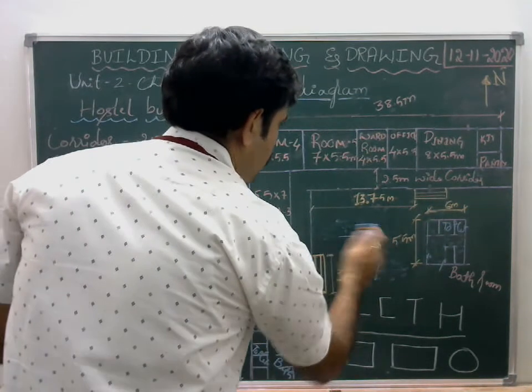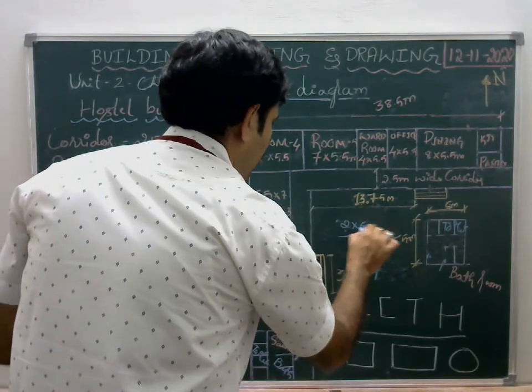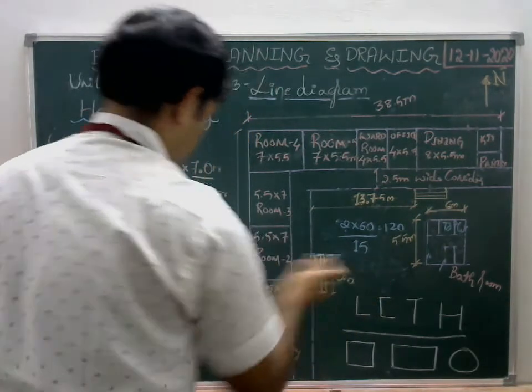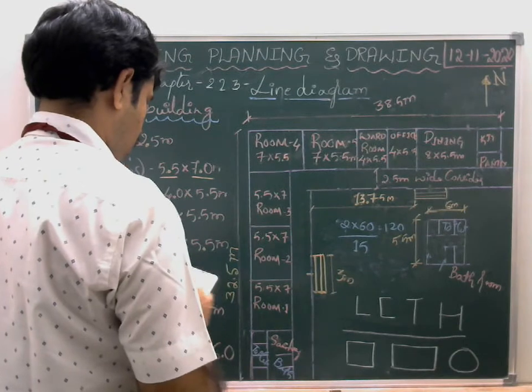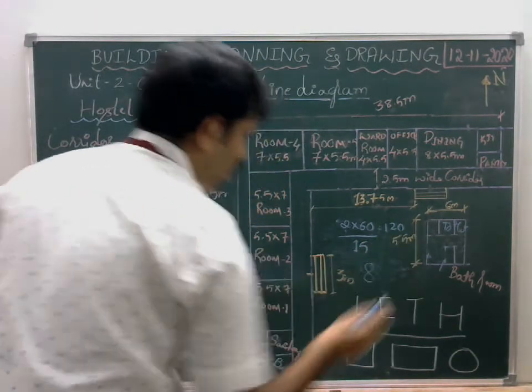No, sorry. Number of hours converted to minutes: it will be 2 into 60, so 120. 120 divided by 15 will be 8.